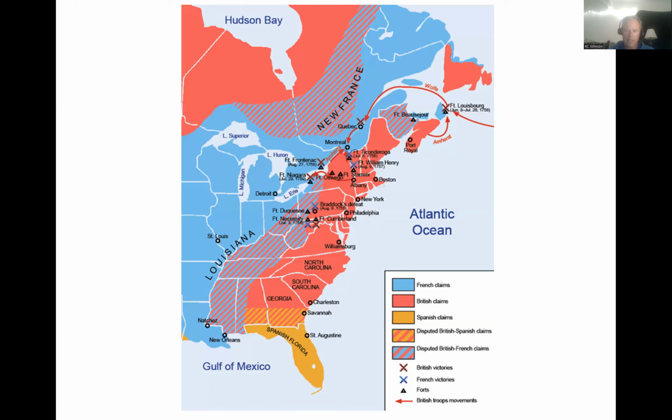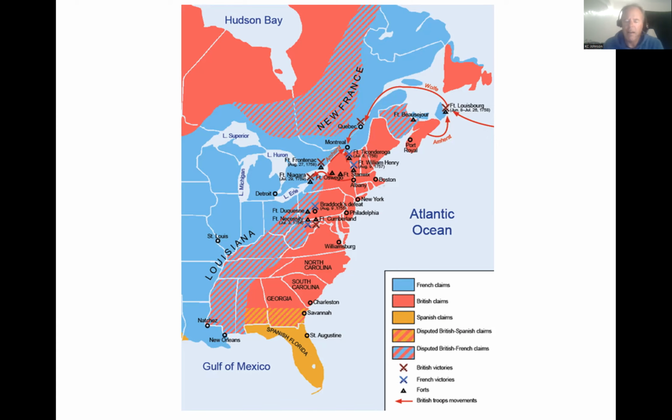And here's a tighter map shot on North America. The British are in control of the areas here in red. The French are in control of the area here in blue. And then there's a disputed area between the two sides. These wars increasingly pulled the British American colonies into the international system, but also convinced the British American colonists, at least the elite, that they were not being well served remaining under the control of Britain.